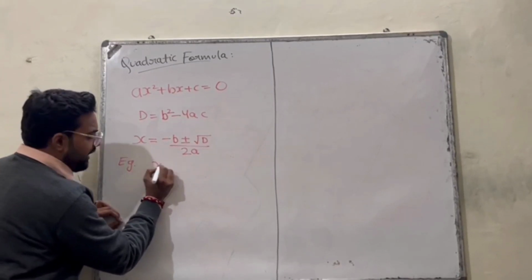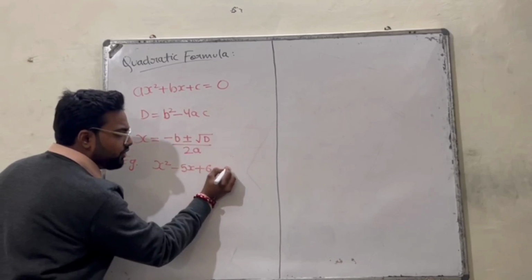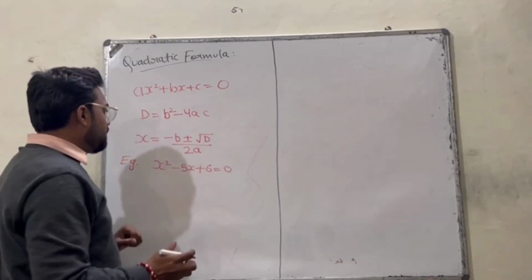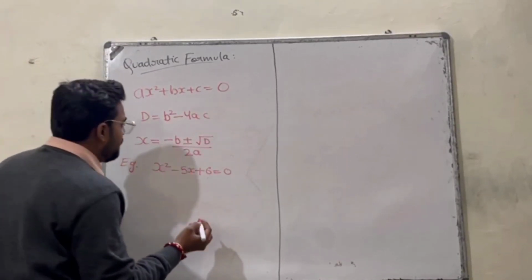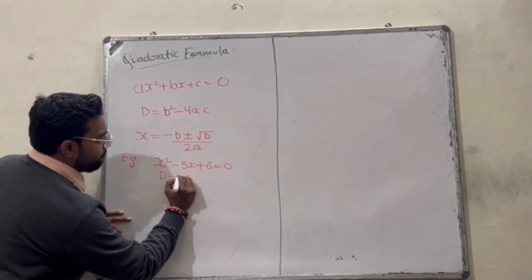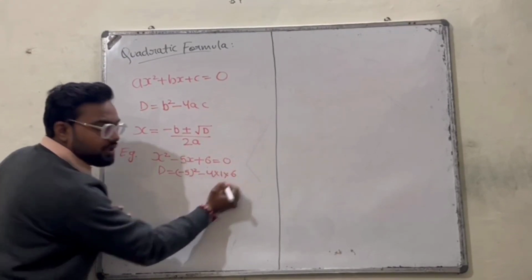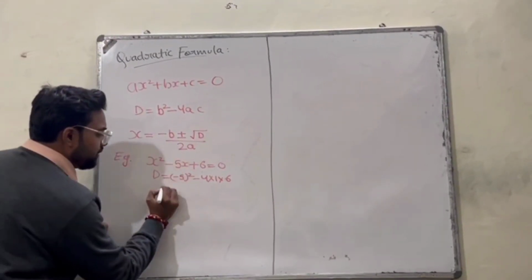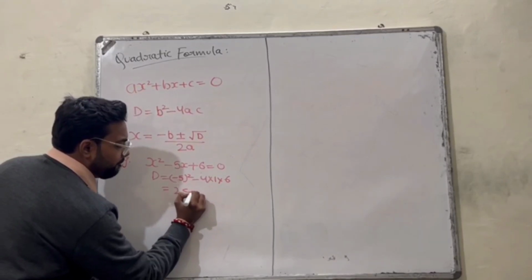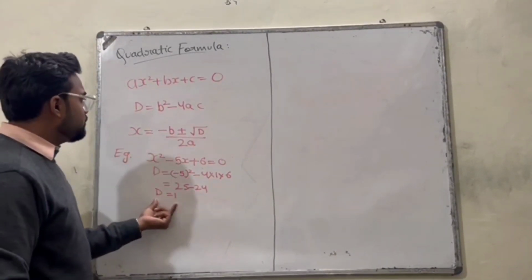For example, if we have x square minus 5x plus 6 is equal to 0 as our given quadratic equation. Now by using the quadratic formula, D is equal to b square minus 4 into a into c. 25 minus 24 is equal to 1. So D is equal to 1.